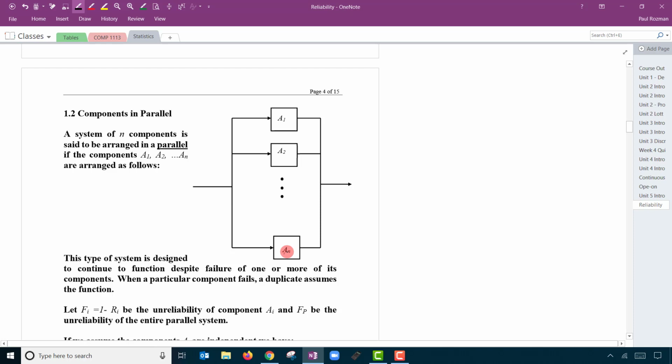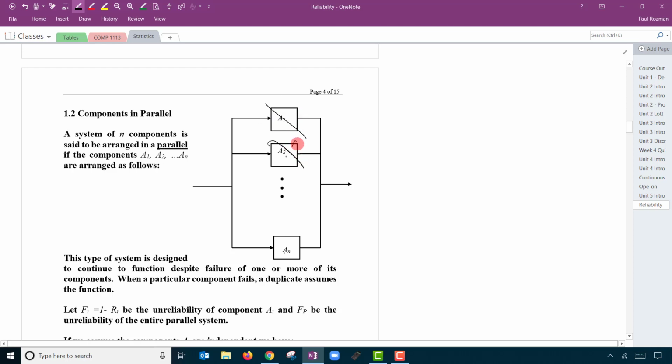So when you're talking about parallel, it's easy for it to be reliable because you just need one path to be successful. You could have a whole bunch of failures, but as long as one piece of it is still up and running, the thing is still reliable. So it's actually harder to view it from its reliability standpoint. It's easier to think about these things when they're unreliable, because there's only one way it fails.